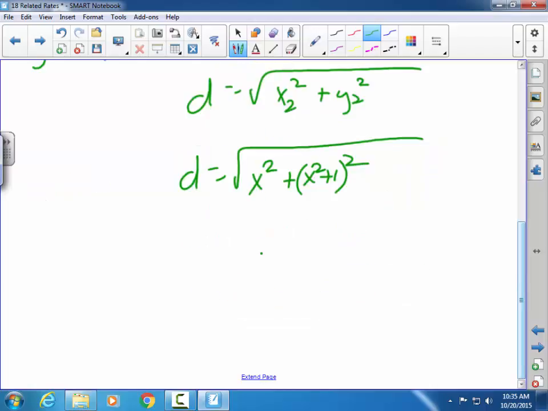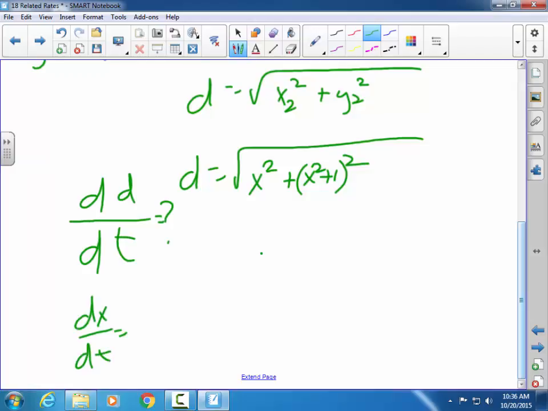So that's relatively simple now. We need to know what dd over dt is, right? What other information were we given in the problem that we haven't done anything with yet? We know that dx over dt equals 2 centimeters per second. And that's all we know, right?